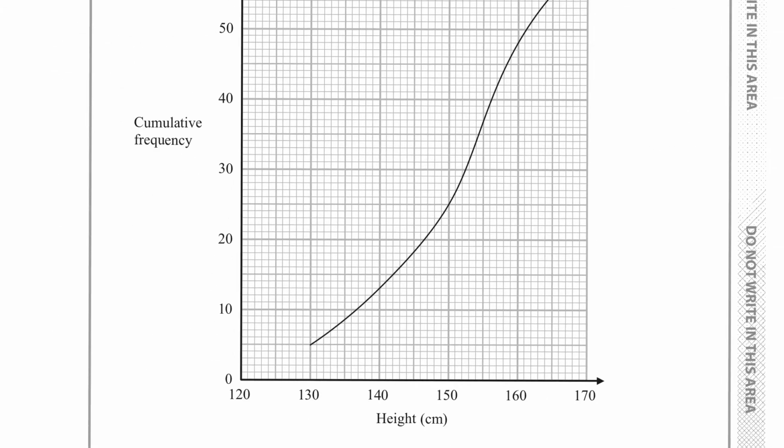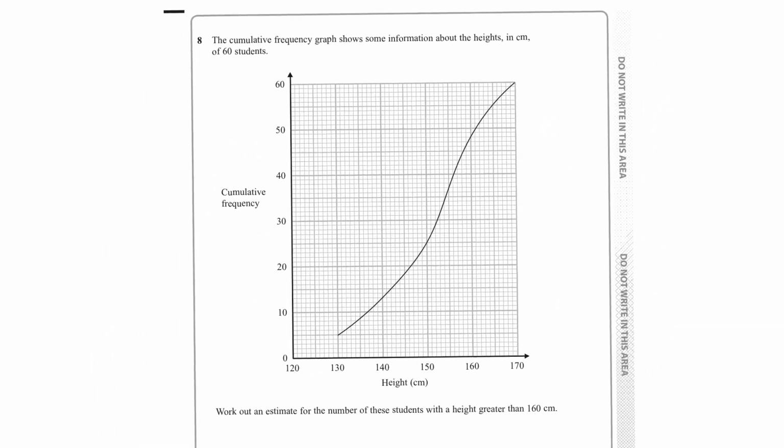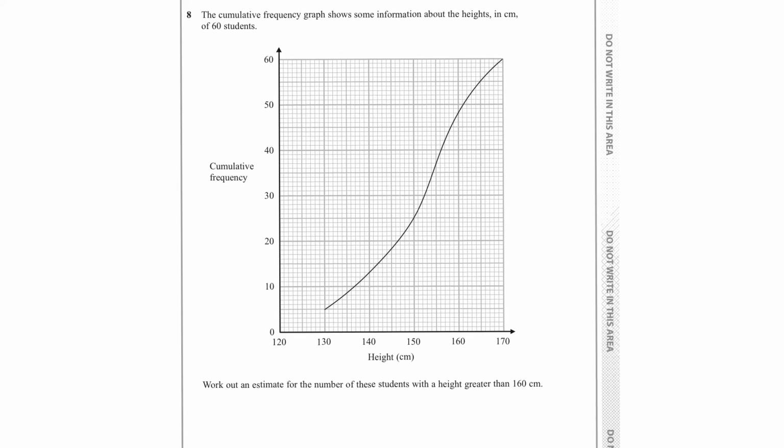And then question 8 is on cumulative frequency, which I have a video on the link above. With this question, it wants us to work out the number of students with a height greater than 160 centimeters. So we would draw up a line from 160 across. That is hitting at a cumulative frequency of 48.